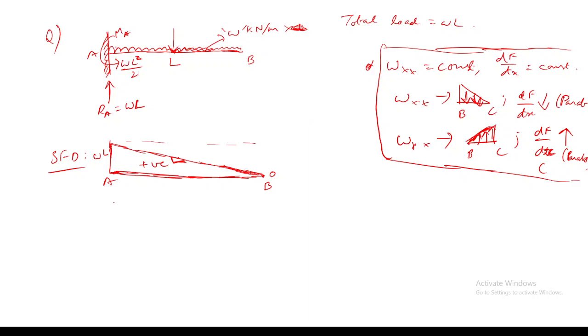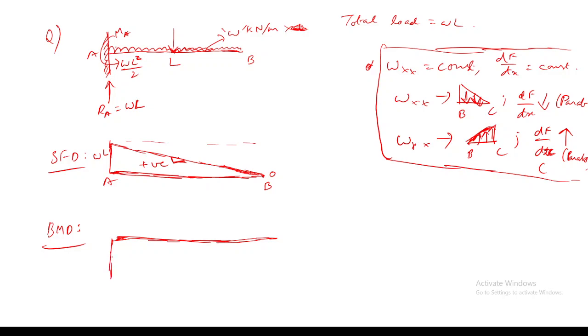Now coming to the bending moment diagram. Can anyone say what the bending moment diagram will look like, or what will be the bending moment at point A? Negative. Yes, it is negative because it is the left hand side and the moment is in which direction? Anti-clockwise.